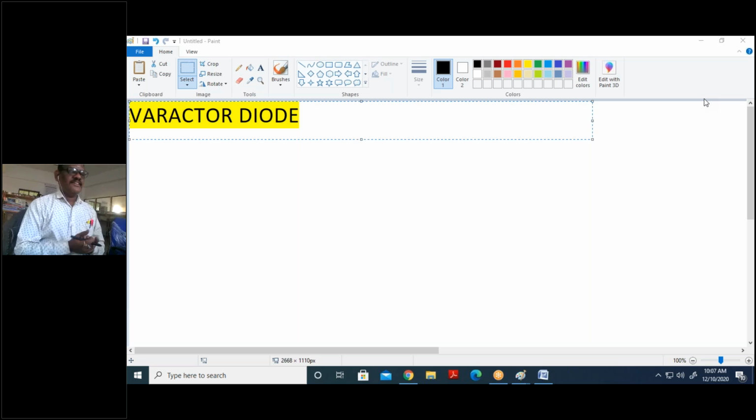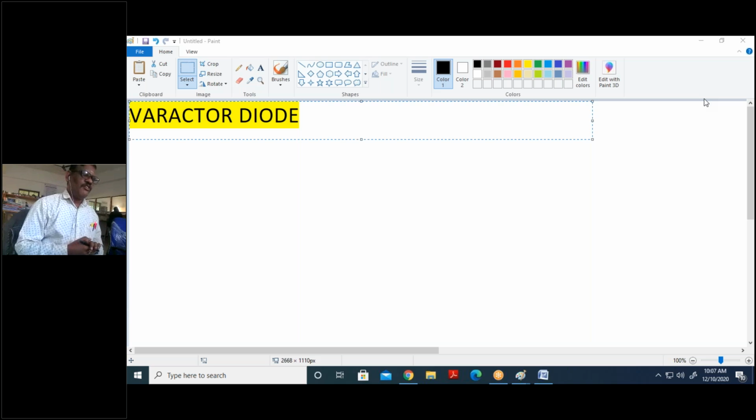As a result, a capacitor is formed. The capacitance may be varied by varying the reverse voltage applied to the diode.